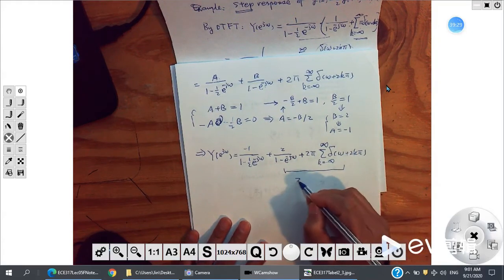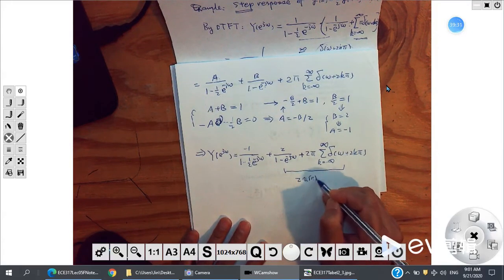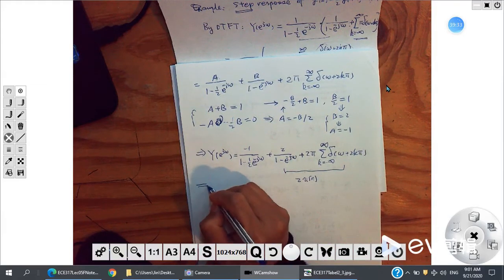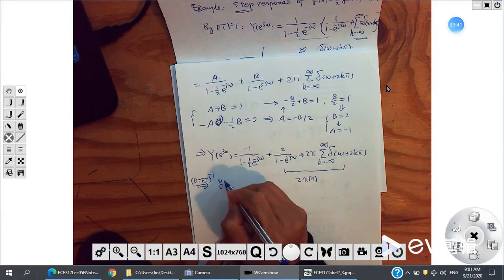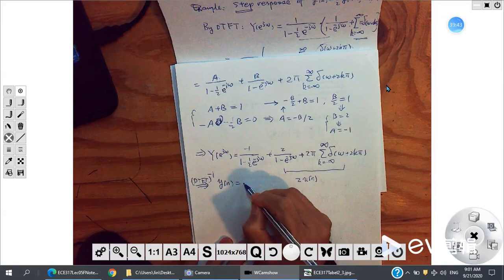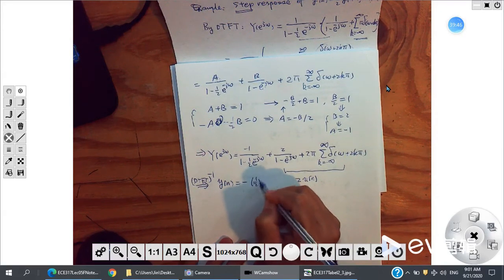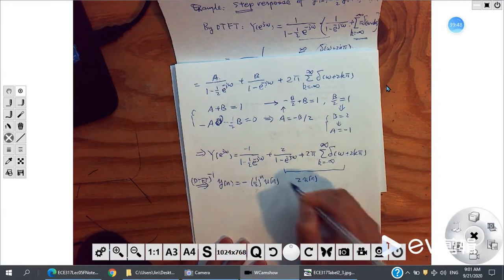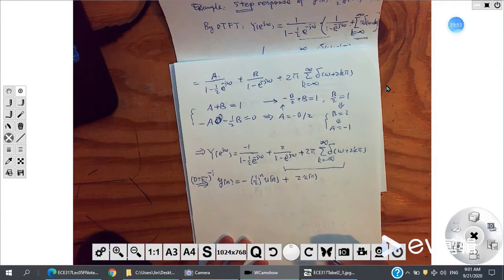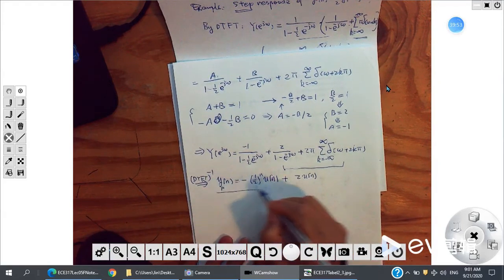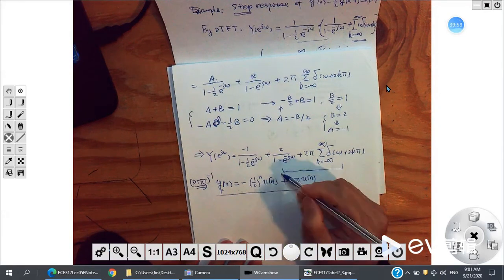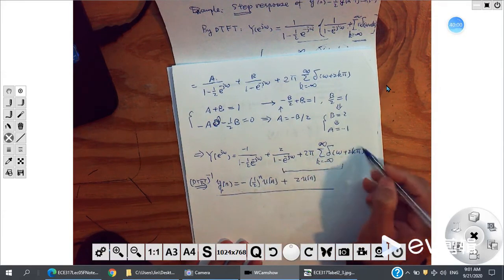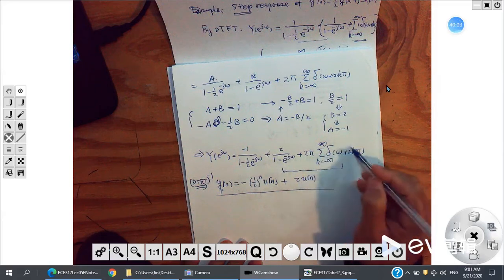It's 2 of u of n in frequency domain, right? So we go back with the inverse DTFT to the time domain. It is y of n equal to negative of 1/2 to the n u of n plus 2 of u of n. So we can have the particular solution like this. Alright, yeah, this is a special case when we have things like a sequence of a lot of parts.